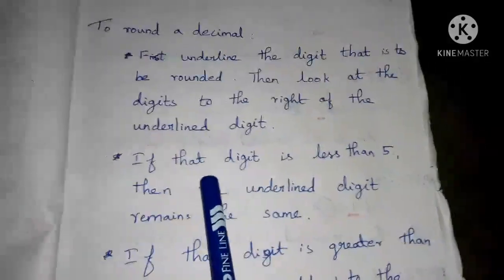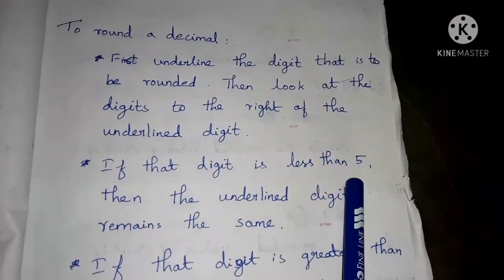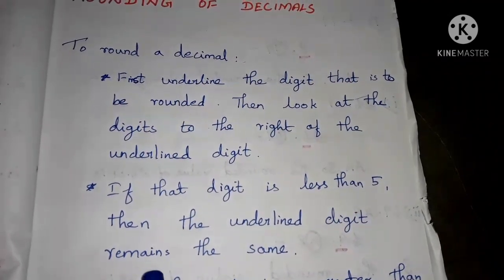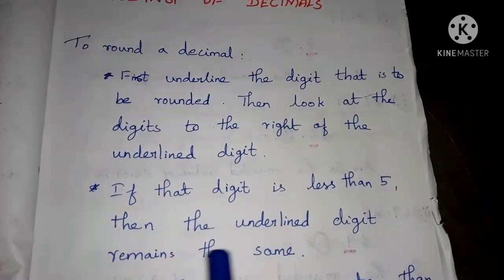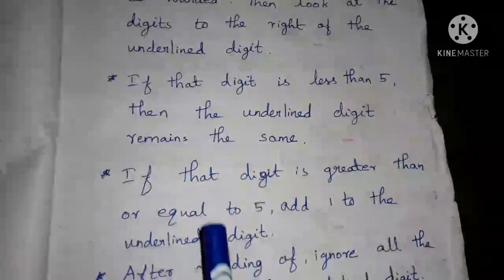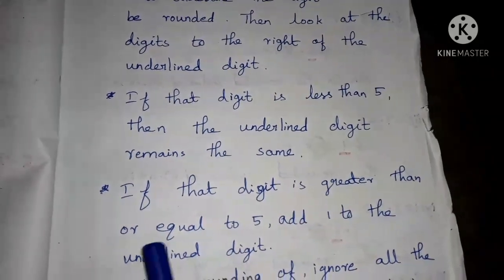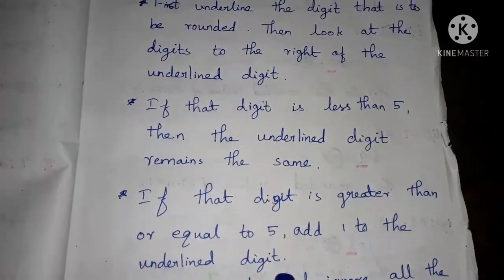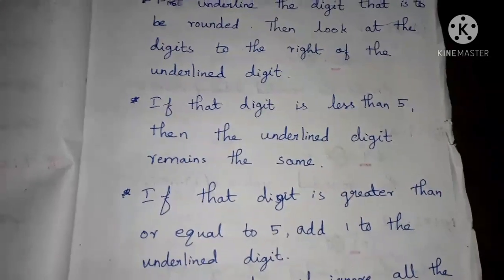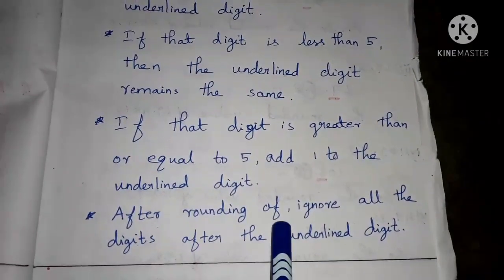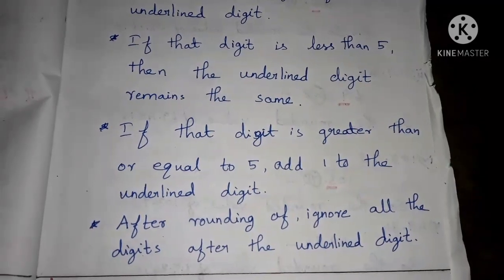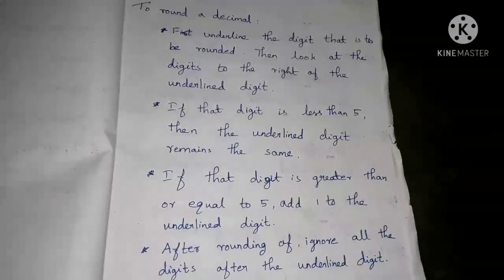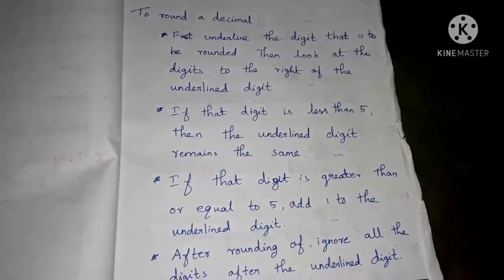Second step, if that digit is less than 5, then the underlined digit remains the same. If the digit is greater than or equal to 5, add 1 to the underlined digit. After rounding off, ignore all the digits after the underlined digit. These rules we are going to follow for rounding off decimals.